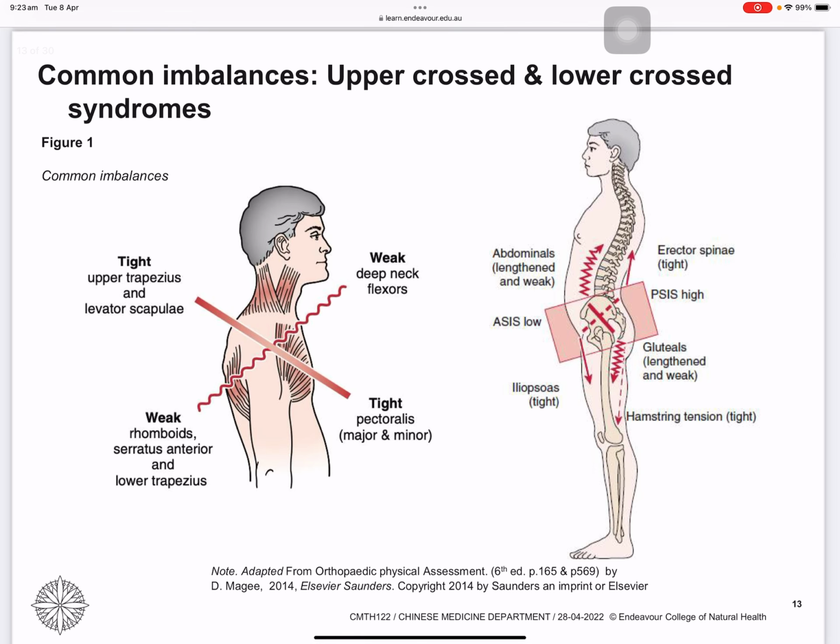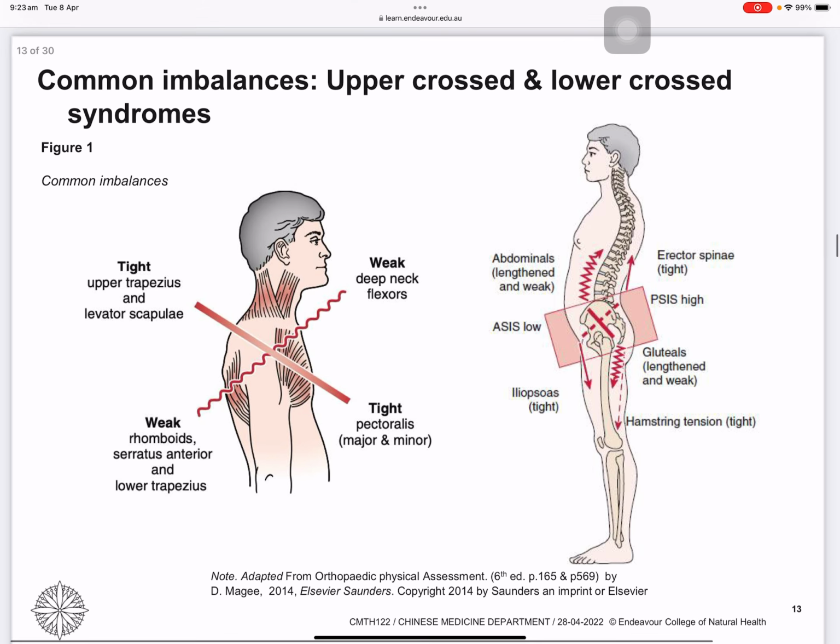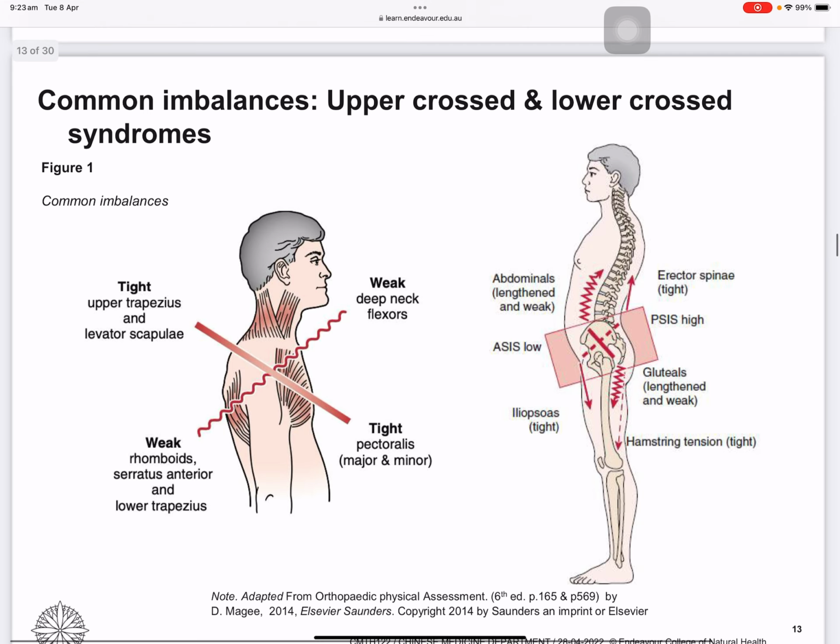So if the muscle on the upper body is getting weak, the upper body will usually lean to the front, and the lower body will be like this. The joint and the lower back will not be balanced, and it will also affect our hamstring. So the hamstring tension is usually very high.